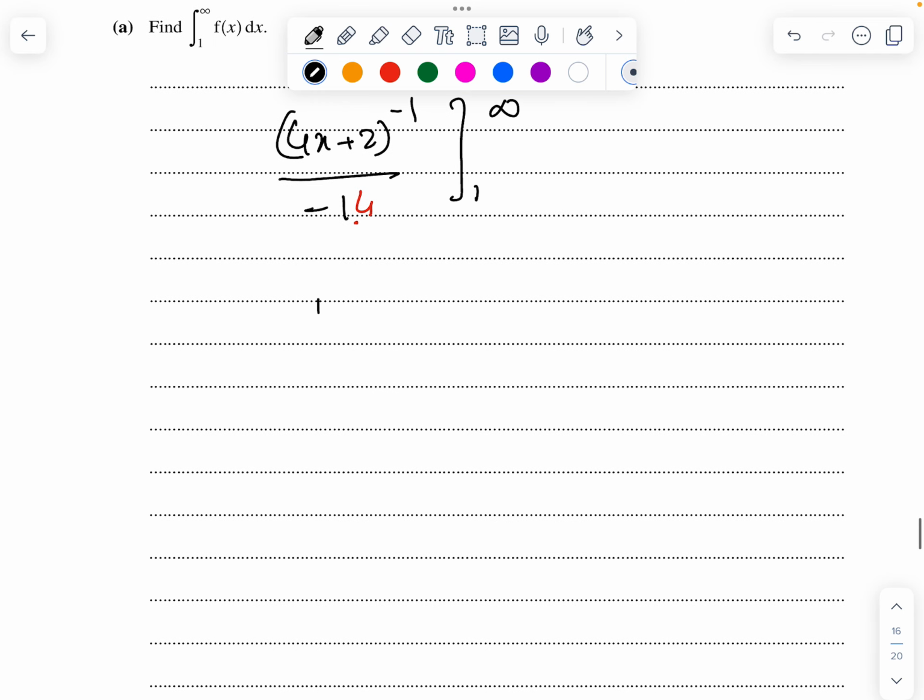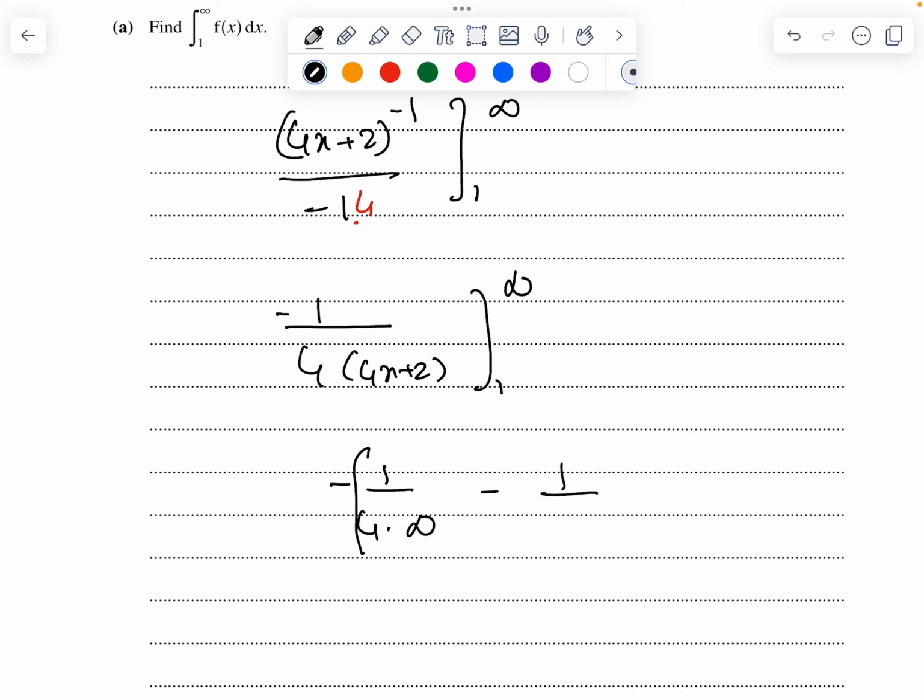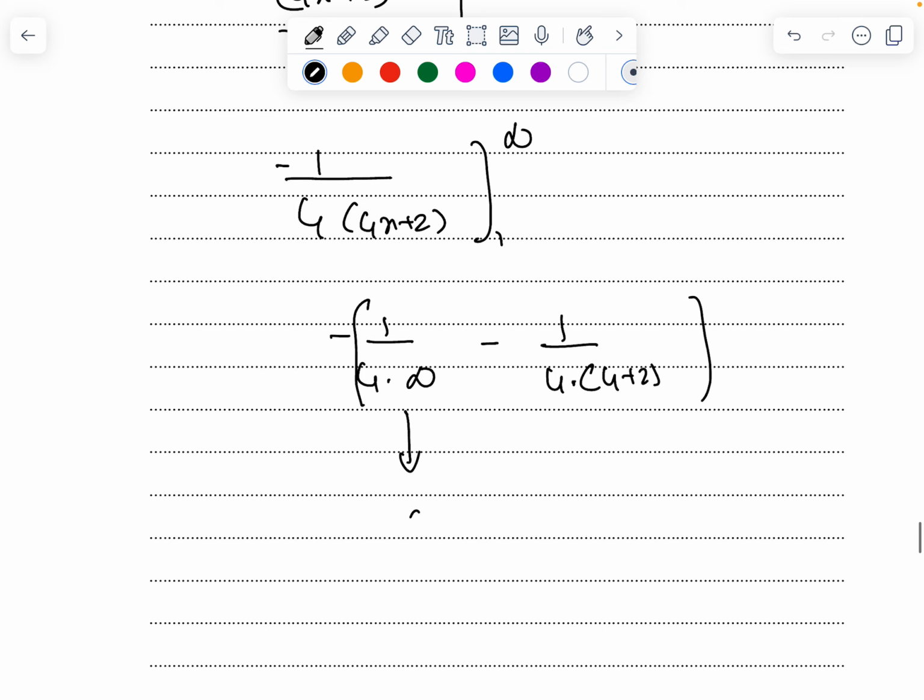So it becomes minus 1 upon 4 times of 4x plus 2 from 1 to infinity. Plug in the upper value. It becomes minus 1 upon 4 times of infinity, minus 1 upon 4 times of 4 plus 2. So 1 upon infinity is 0. Minus times minus is plus. So 1 upon 24. That's going to be the answer.